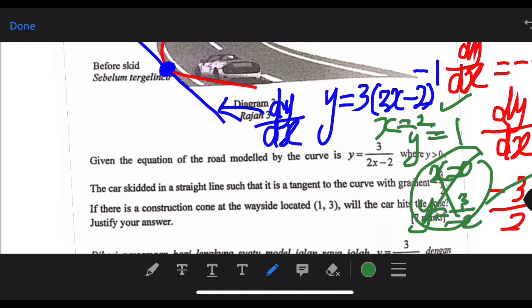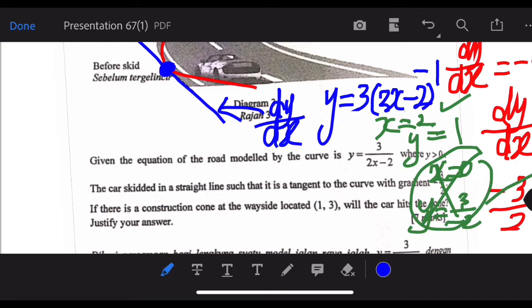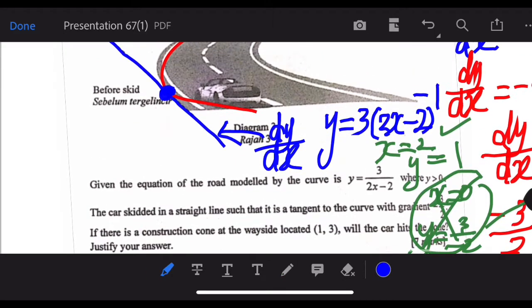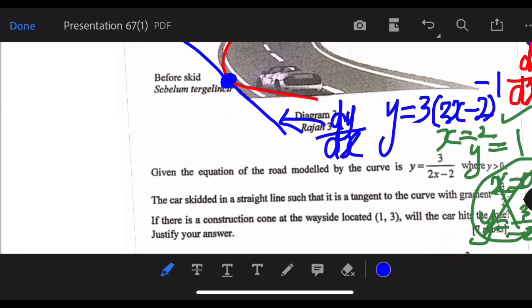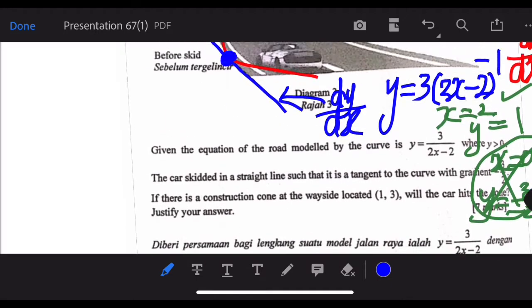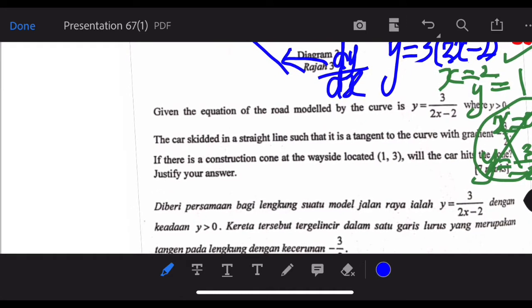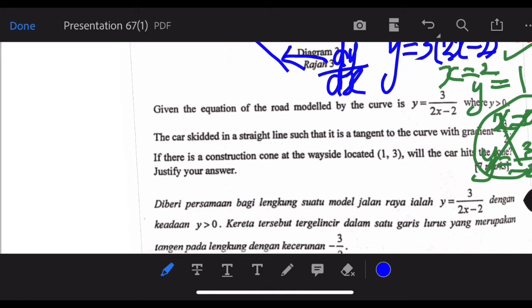Got it? Okay, so now the next question is asking you, we have actually found out the x value. Given the equation, now we're asked, if there is a construction cone on the west side located at (1, 3), will the car hit the cone?